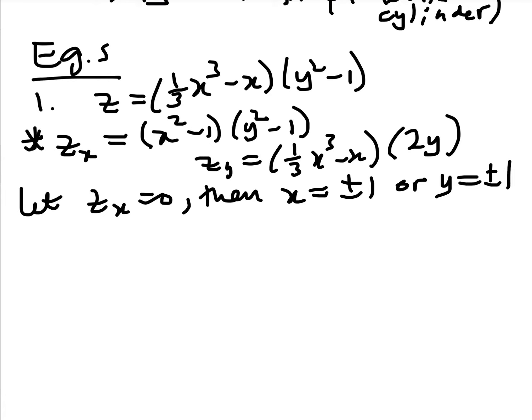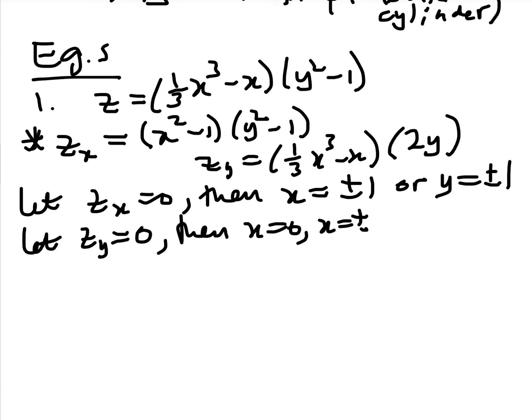So there's those possibilities. If we let the partial derivative of z with respect to y equal to 0, then again, putting that product equal to 0, it's clear that by putting 1/3 x cubed minus x equal to 0, we'll have x equal to 0, x equal to plus or minus the square root of 3.